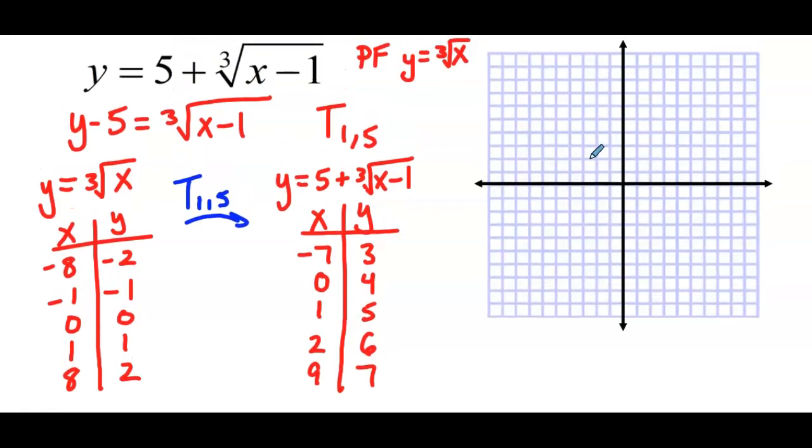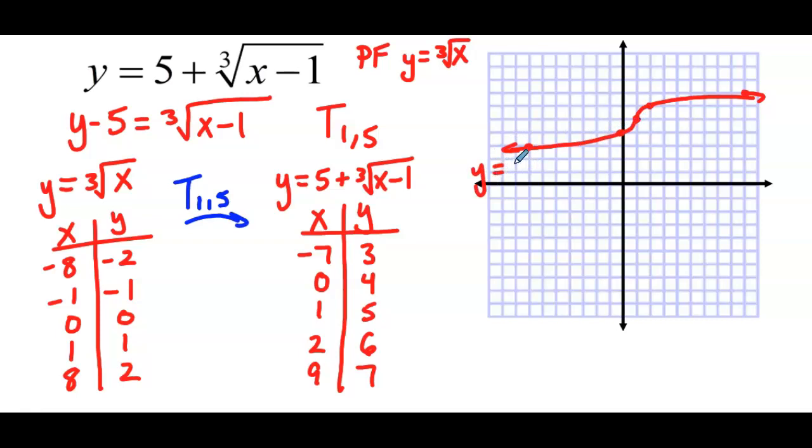So we can plot our points. So -7, 3, 0, 4, 1, 5, 2, 6, and 9, 7. So I'll start at the middle of the cube root function, so it goes up a little bit, and then through those points, and then down through these points.